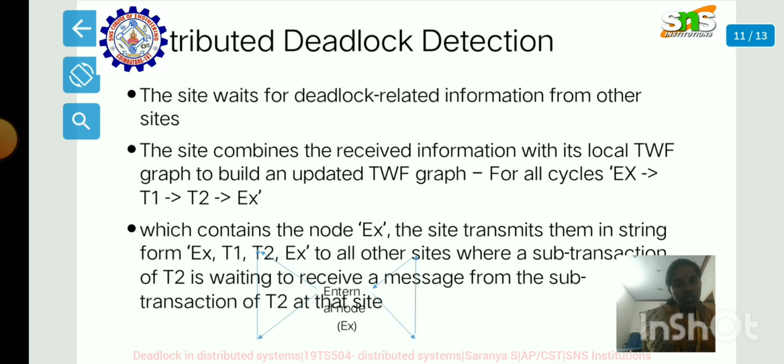The site transmits the string EX, T1, T2, EX to all other sites where the sub-transaction of T2 is waiting to receive a message from the sub-transaction of T2 at the site.